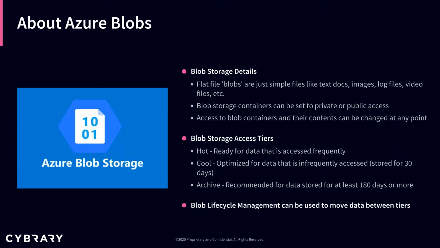So it is possible for organizations to have blob storage where they are storing data, but they don't anticipate accessing that data very frequently or at all. This can be financial institutions which have regulations to keep data for a certain number of days or years. Think of accounting and tax related data.